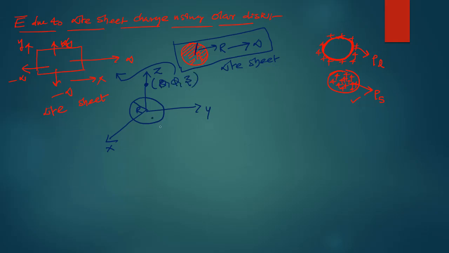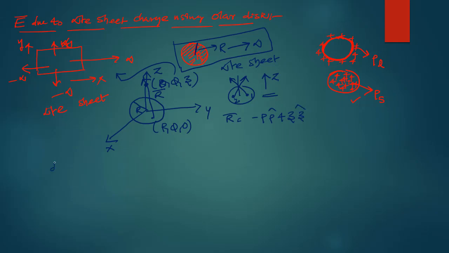The point on the disc, on the xy plane, is given by (rho, phi, 0), and this is the r bar. Again the same procedure. If you take the electric field due to this point in this direction and another point in this direction, the resultant electric field is in the z direction. That is what we have to take. So r bar, same approach, is observation minus source, so minus rho cap plus z cap.